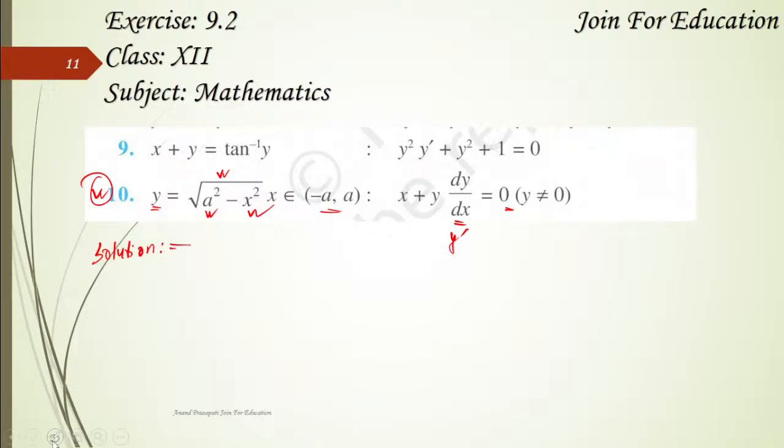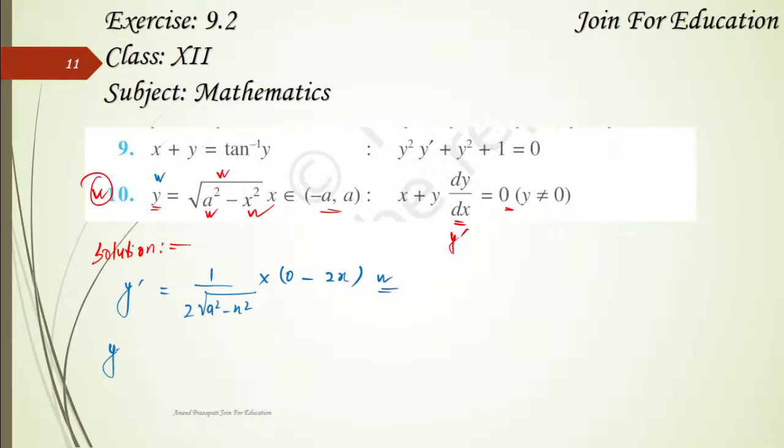The derivative of y will be y dash, and the derivative of the right side will be 1 by 2 square root of a square minus x square into the derivative of a square, which is 0, minus the derivative of x square, which is 2x. Hope there is no problem understanding up to this step.